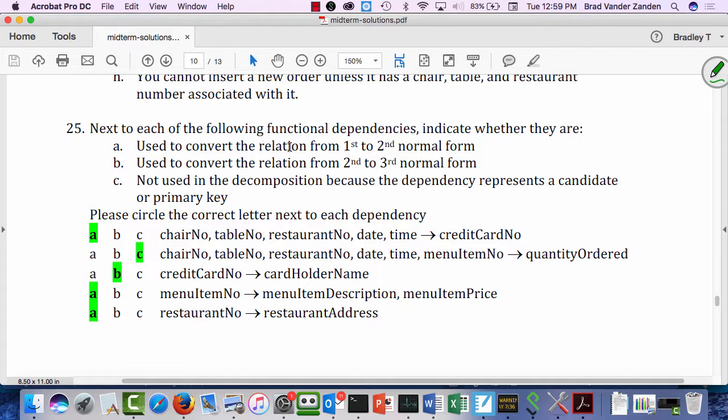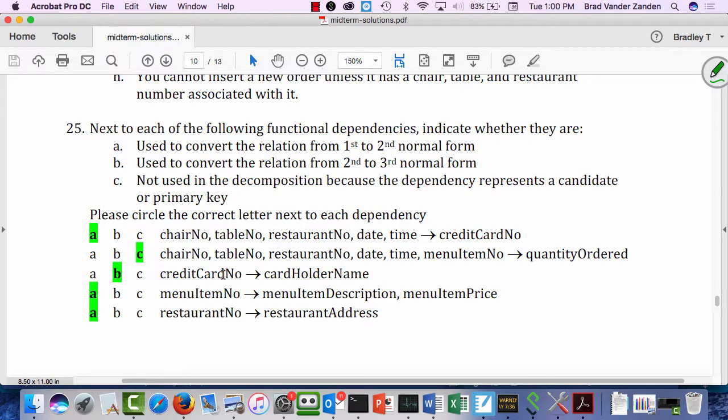So if it's being used to convert from first to second normal form, then the determinant must be a subset of the primary key. It must be a partial dependency. So the ones that you see with A, all of their determinants are strict subsets of the primary key. So they are partial dependencies and are used to convert from first to second normal form.